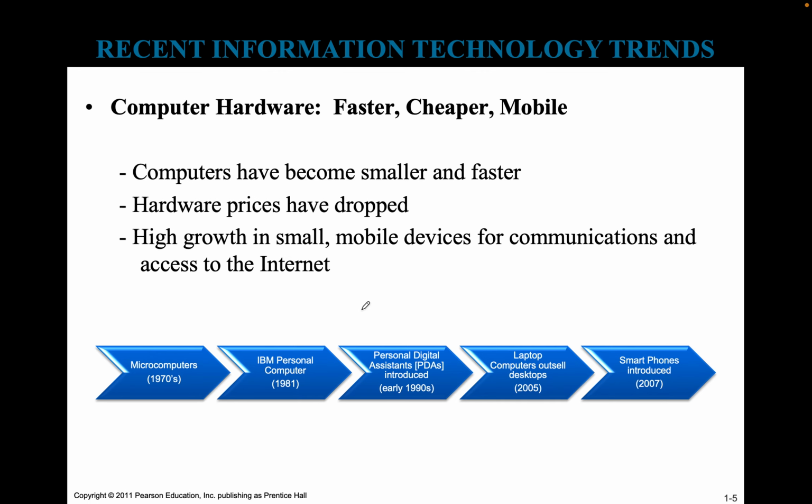Another thing we're looking at is that hardware prices have dropped tremendously from the 1960s when we had the mainframe computers, to the 1970s when we had the microcomputers, to the 1980s when we had the IBM personal computers, to the 1990s when we had the personal digital assistant, to 2005 when we introduced laptops.